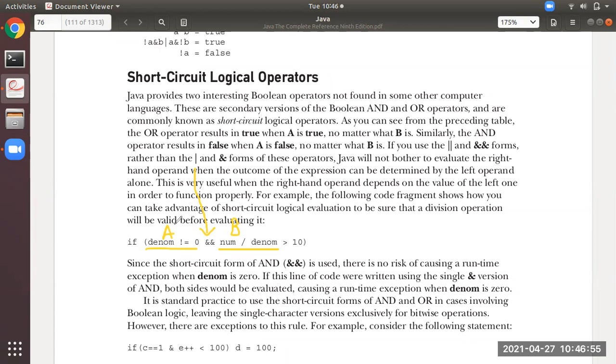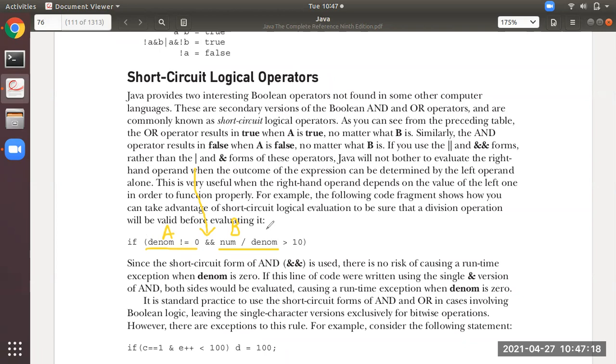So if A is false, this double AND will not make the compiler check whether B is true or false. Because A is false, even if B is true, the output is false. That is the advantage of this double AND, the short circuit AND.